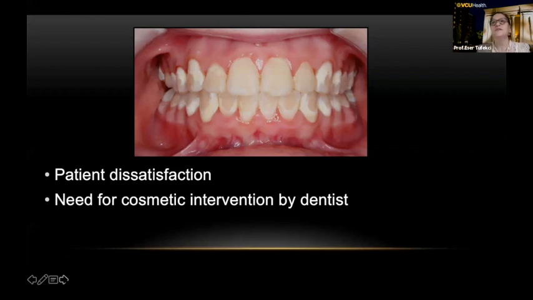The minute you debond the brackets, these white spot lesions are so visible that patients all of a sudden are shockingly surprised. The presence of these lesions may lead to patient dissatisfaction. In some cases, unfortunately, we may need to refer our patients to general dentists for cosmetic intervention.